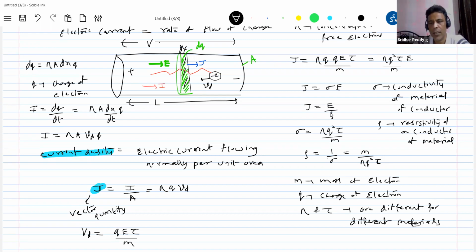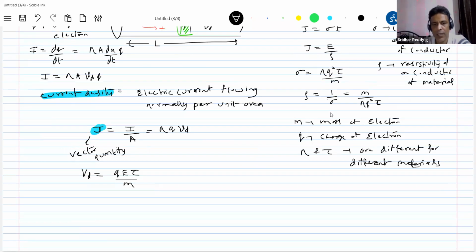Okay, so let's take the help of this particular thing. We arrived at here, J is equal to E by rho. This further, I will simplify it. As we know, J equal to E by rho. What is J? I by A, current per unit area. What is E? Electric field, potential difference by length.